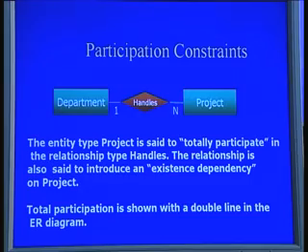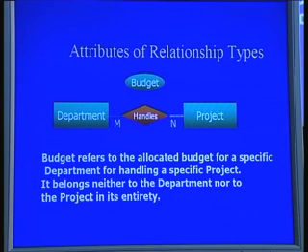That is, the entity type participates completely or totally in this relationship. We can also think about attributes for relationships and not for entities themselves. Just like we saw attributes could be associated with entities, we could also allocate attributes for relationships.